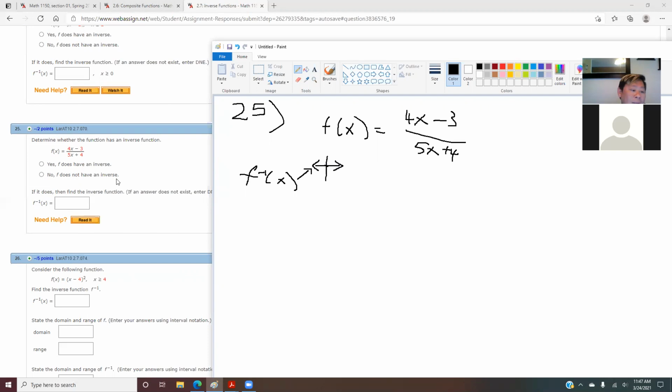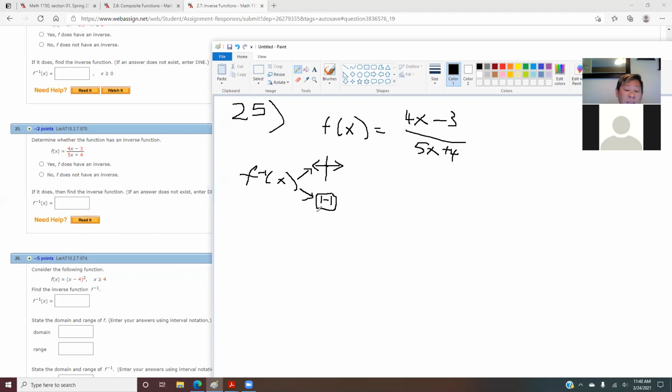But since this doesn't give us any graph, we cannot do it. If you know how to draw this graph, which you will learn in chapter 4, then good. But since we do not know, it has to be one-to-one. There are two ways to figure it out, and since this is not providing us a graph, we figure out one-to-one.